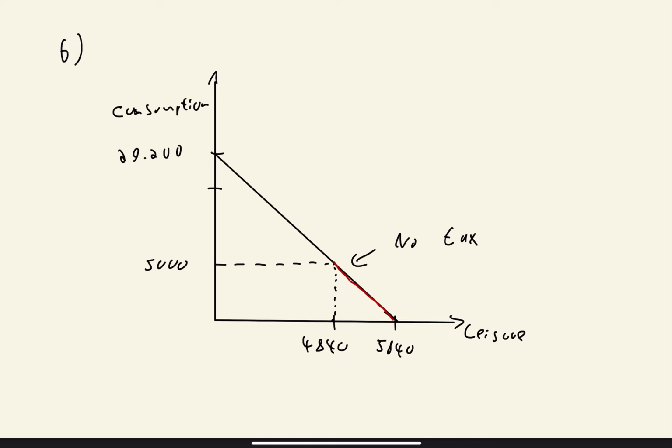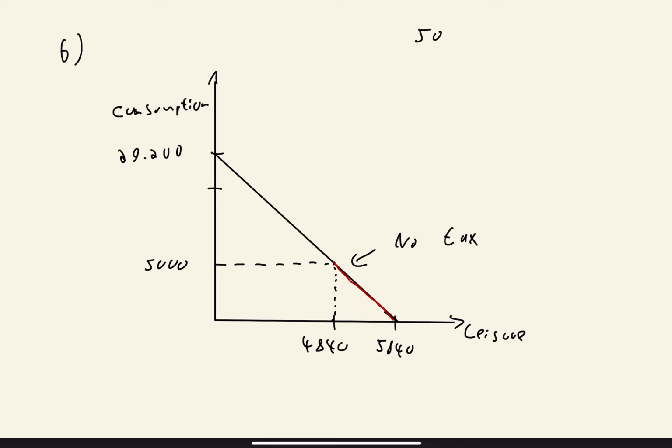But then, of course, the maximum amount of consumption changes when we are fully working, because we have to pay 25% taxes on all gross income over $5,000. So how much is the maximum amount that we can consume?